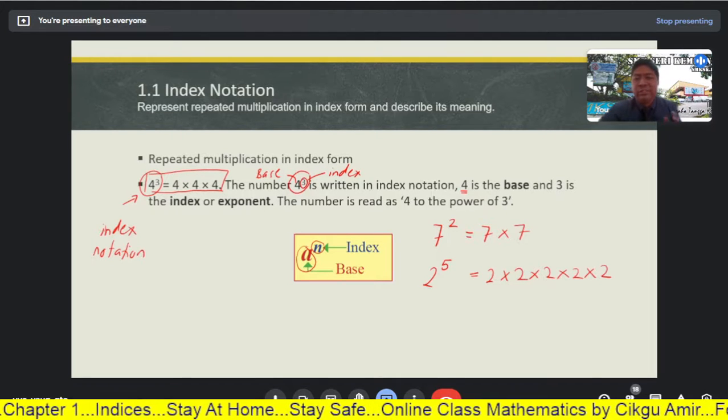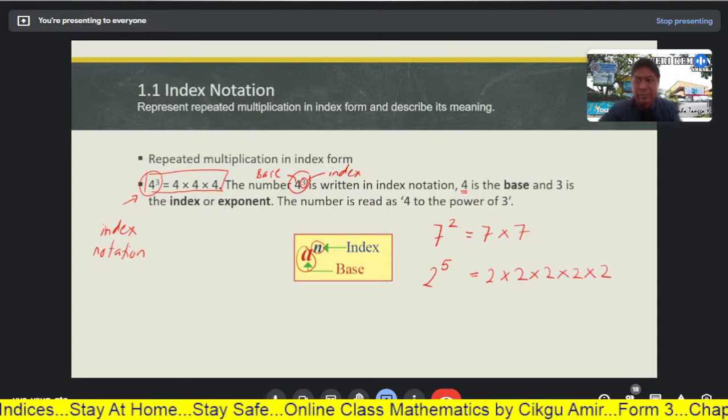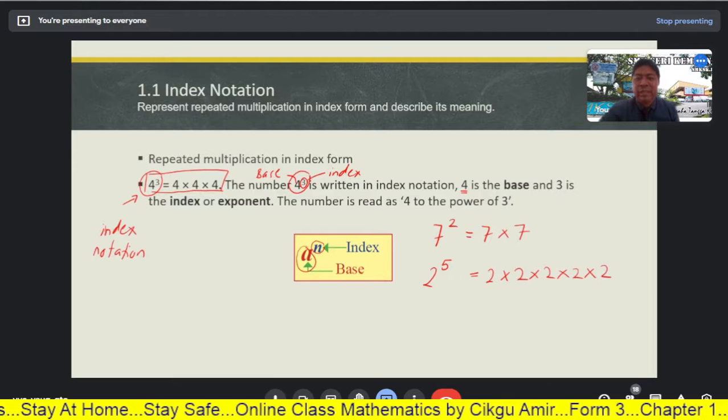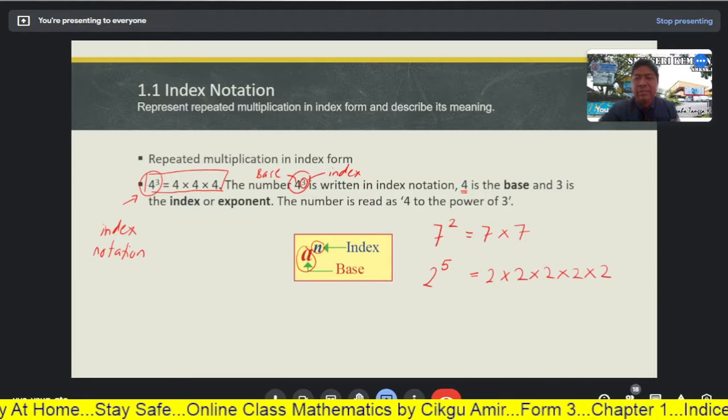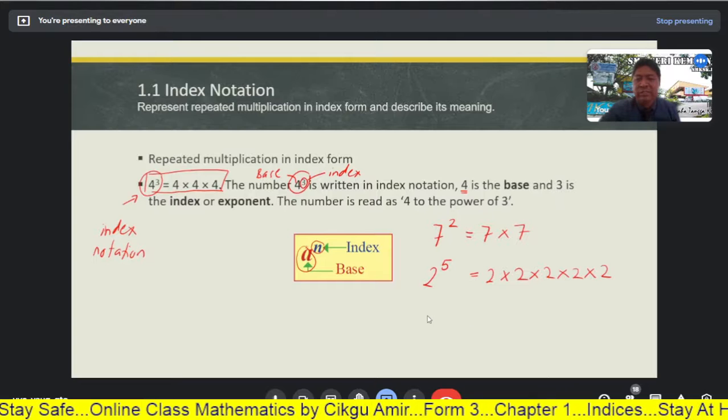So this is an introduction of index. Index is actually a repeated multiplication, and there are base and index in index notation.